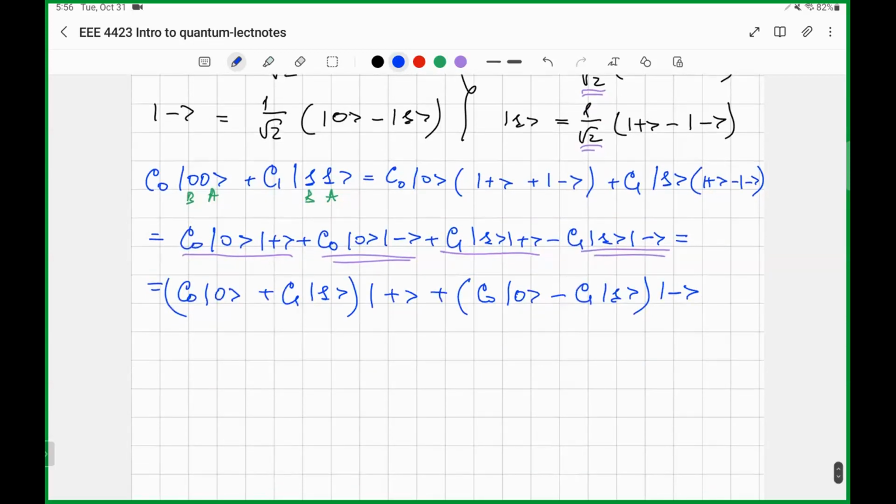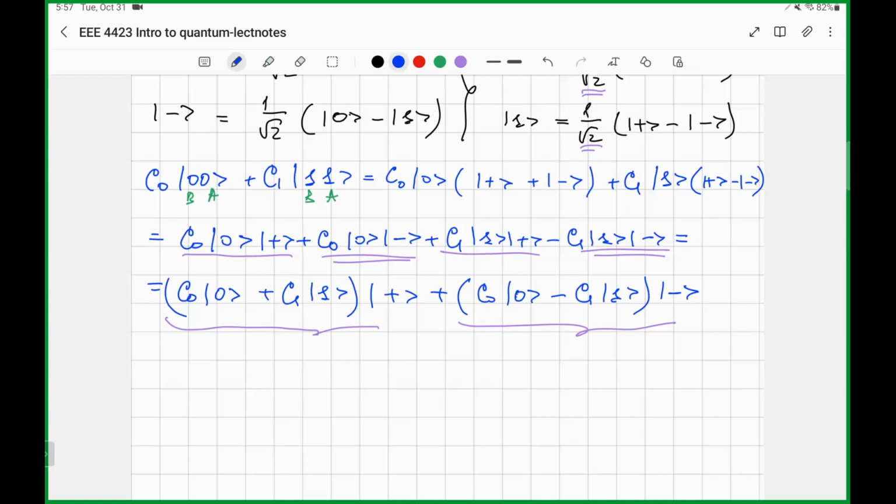All right. So again, measuring her qubit in the basis plus minus gives us two possibilities: either the first one or the second one, with the corresponding probability in the parentheses.